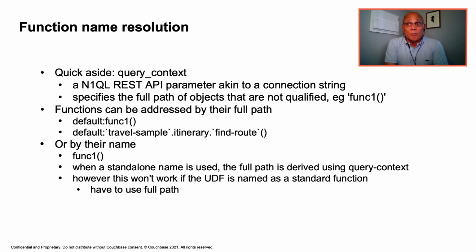The ambiguity is resolved in that way. If you want to use a UDF which has the same name as a standard function, the only way out is to use the full path. So you would have to invoke your function as default:object_values. I'm not saying that using standard function names is a good idea, but the option is there, and this is how the ambiguity is resolved.